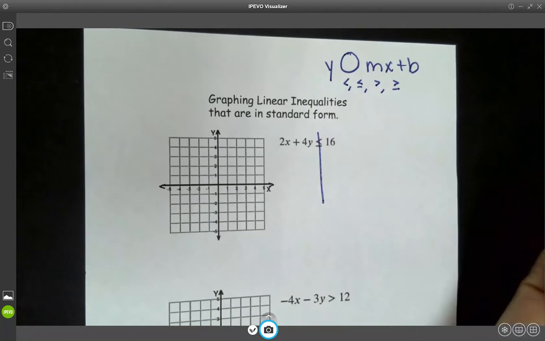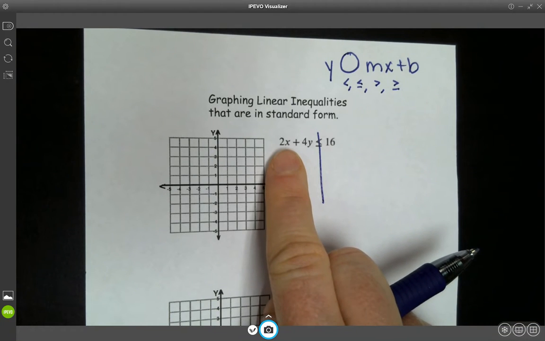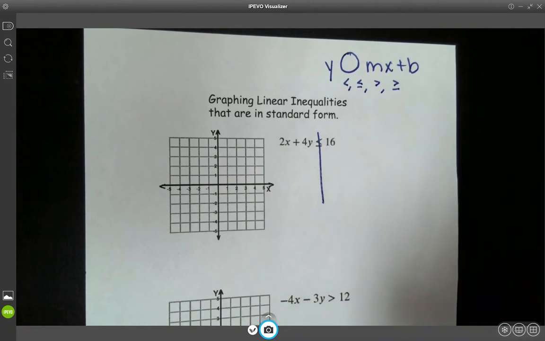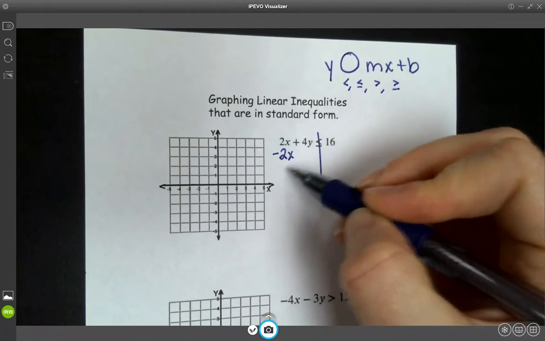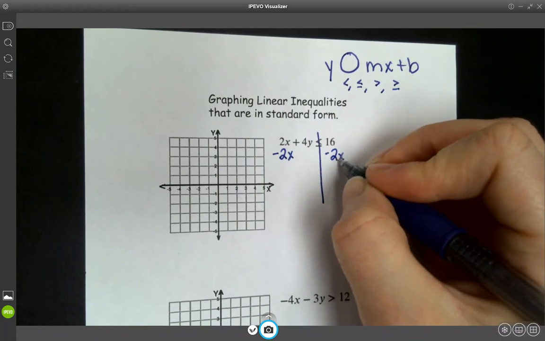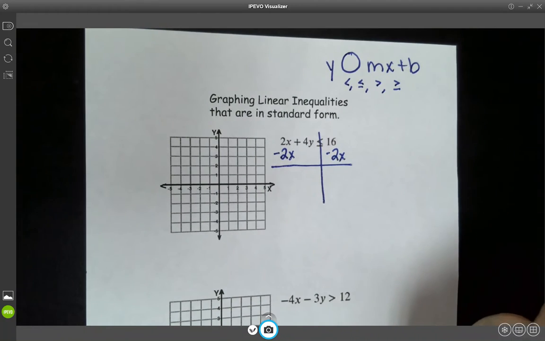So in order to solve it for y, you've got to move the x first. So we have a 2x on this side. We need to move it to the other side. I move it by doing the opposite. If I don't, then it won't be equal anymore and it'll be a fake. So I'm going to move the 2x over to the other side.